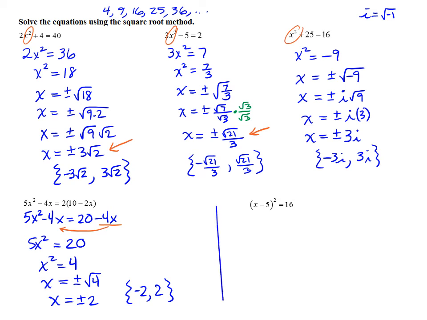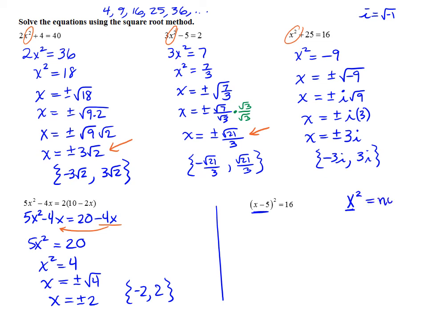In my last example, I wanted to show something that's a little different that will come up just occasionally where you can still use the square root method. What we have here is an expression in terms of x that's squared equal to a number. Now, I mentioned earlier when I defined the square root method that you have a capital X. I used capital X for a reason, squared, because this can be x or it can be an expression of x or any variable.